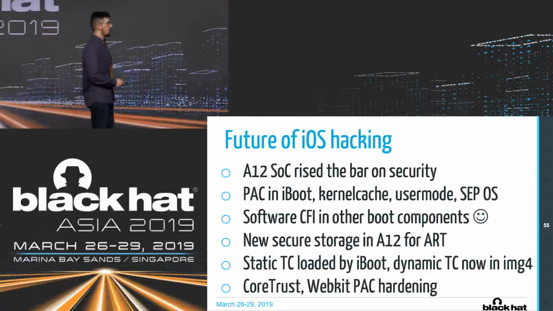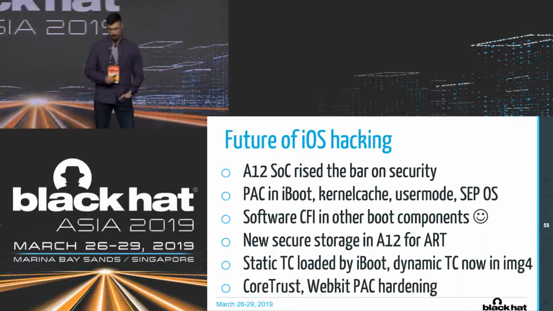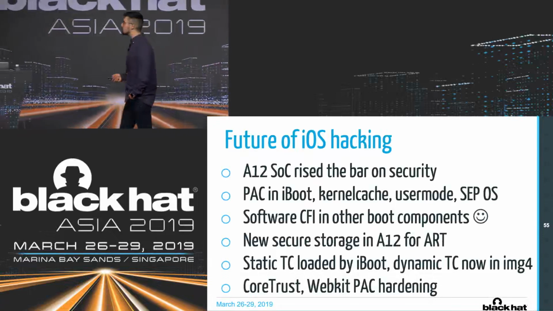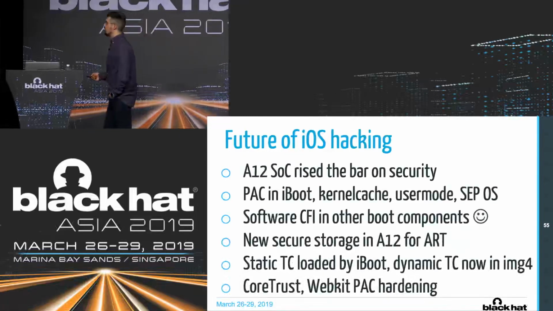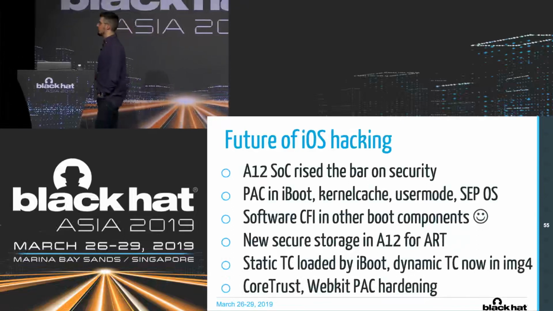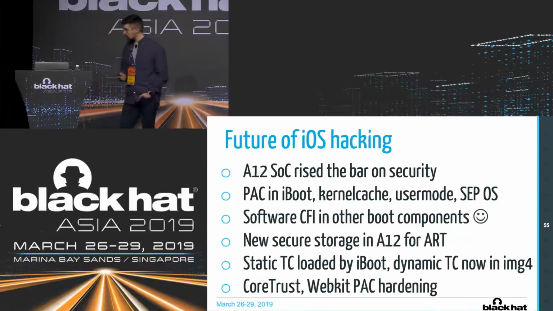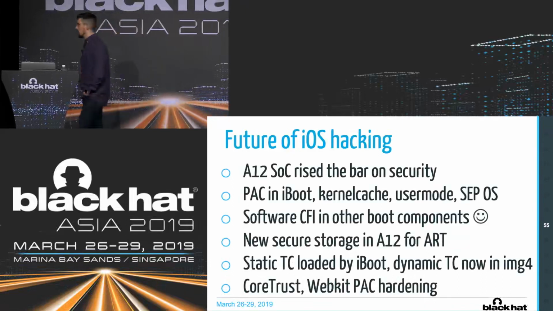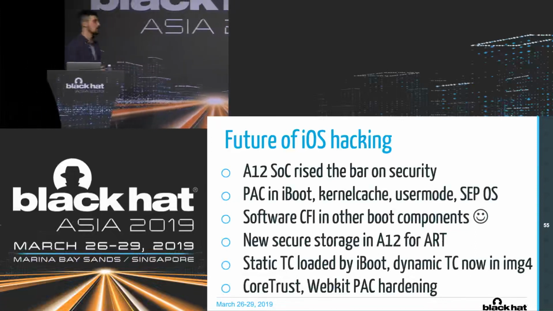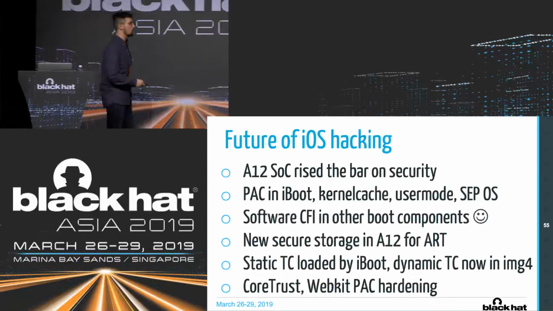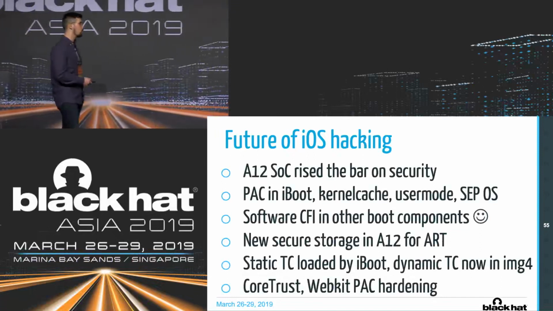Additionally, they added some software CFI in critical boot components, as well as a new secure storage where the SEP anti-replay token is now stored. They also made some mitigation on static trust caches. The static trust cache now gets loaded by iBoot itself and is not part of the kernel anymore.